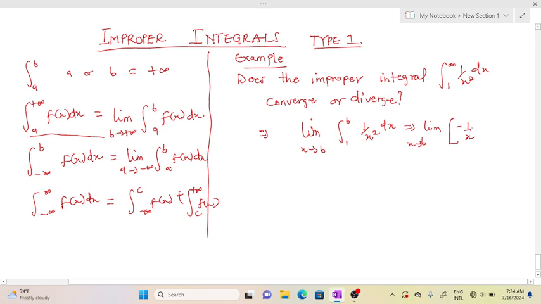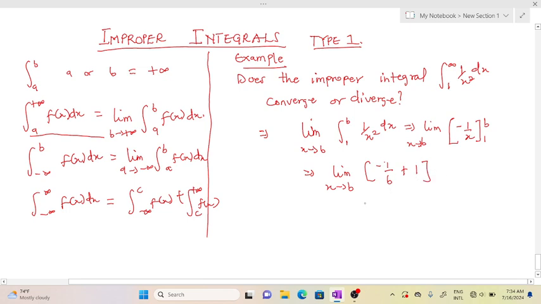Once I have negative 1 over x, we put in our limits. Here I'll put in my upper limit and my lower limit. Putting in my upper limit, I'm going to get negative 1 over b minus, so to be plus 1, because 1 over 1 is 1.